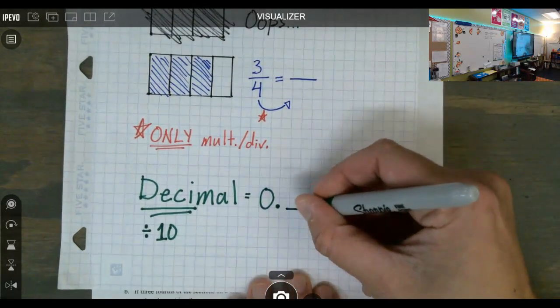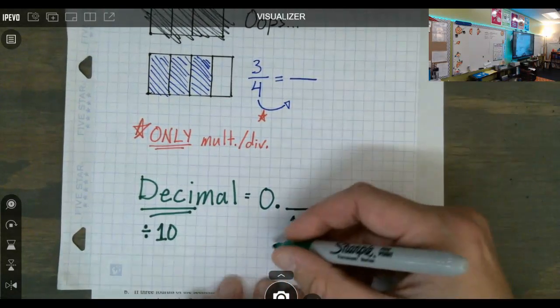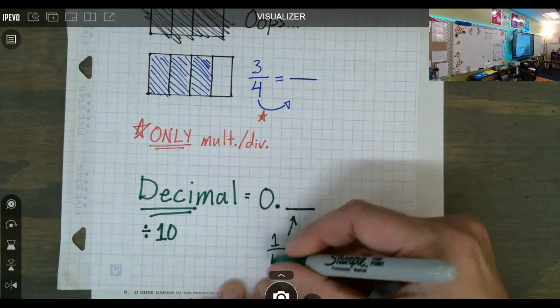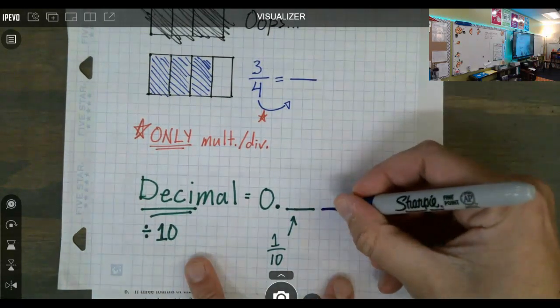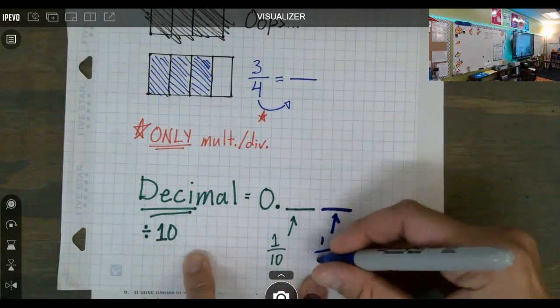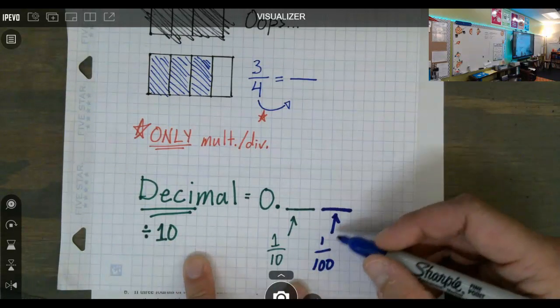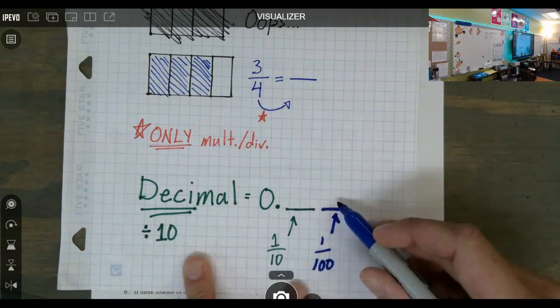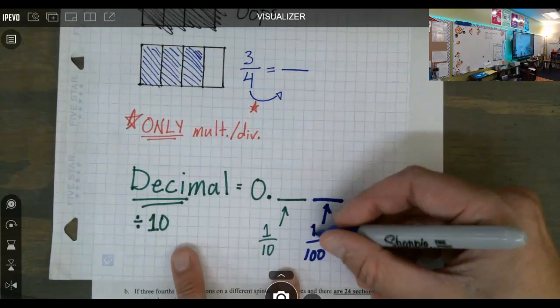The first place is our what place? Tenths. Right? It's whatever's over 10. The next place is if something is over 100. Like if it was 1/100th, the 1 would go there, right?